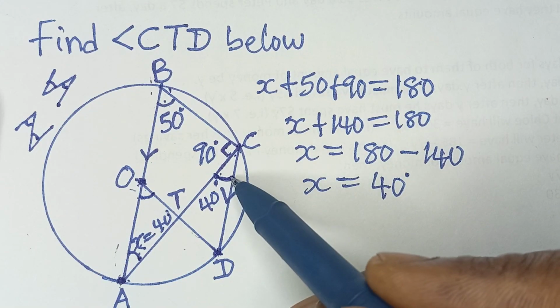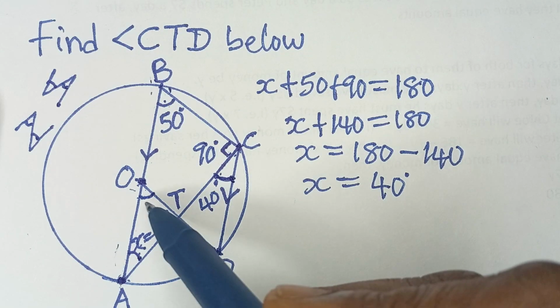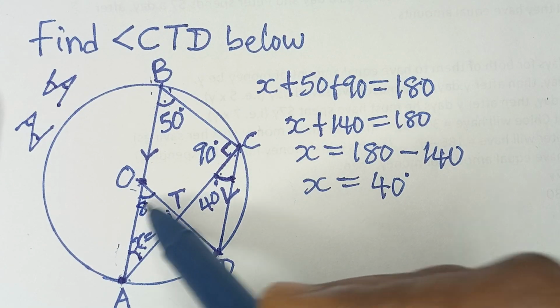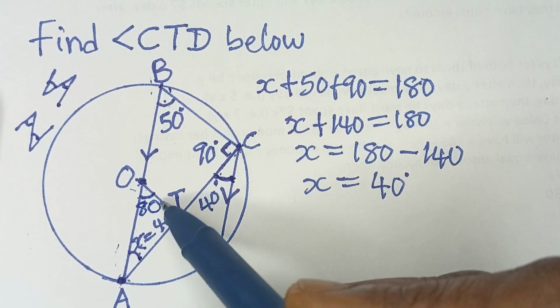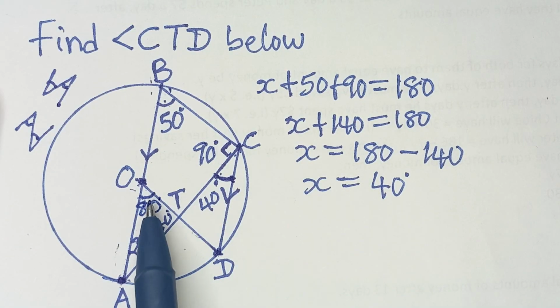So 2 times 40 is going to give us this angle here, which is 80 degrees. So that means this angle at the center is 80 degrees.